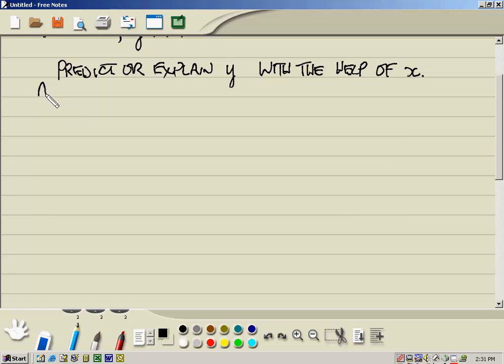We assume a straight line relationship between the two variables.